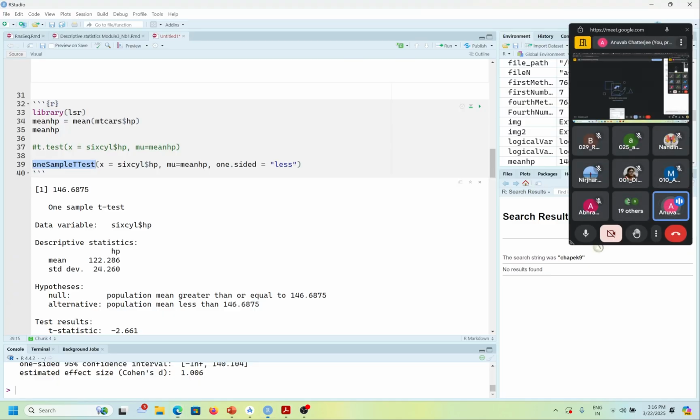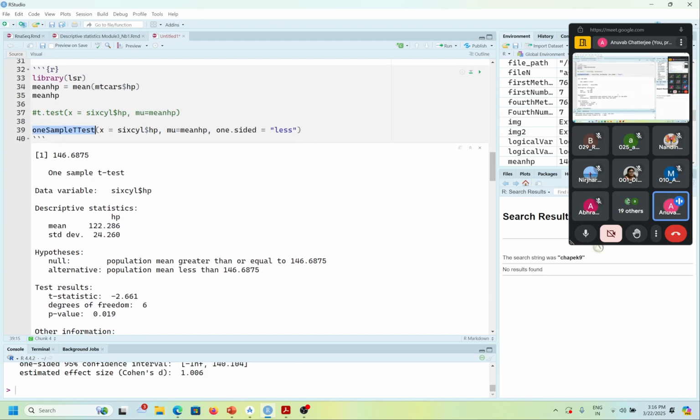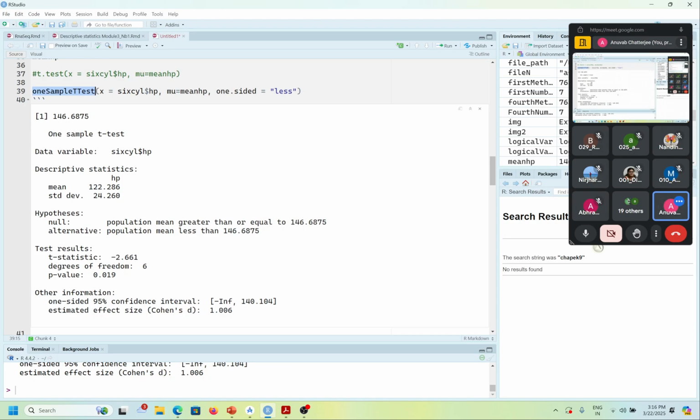So everyone agrees with this, right? That the t-test is showing that the mean of the 6 cylinders population is less than that of the population mean. Anyone has any questions regarding this? Okay.